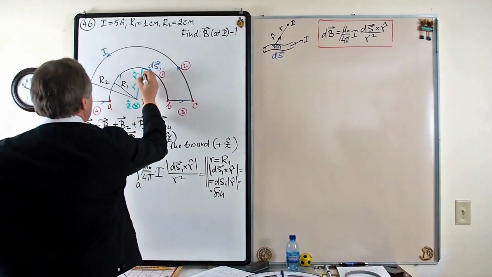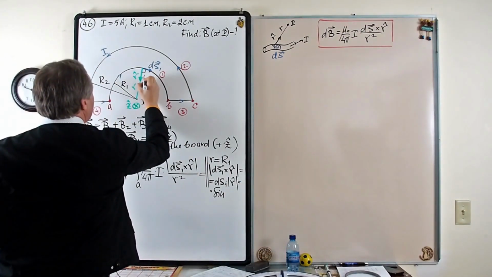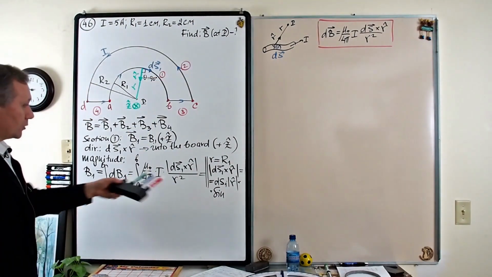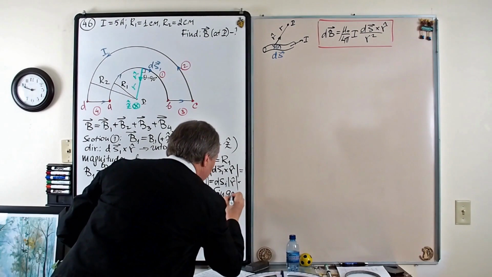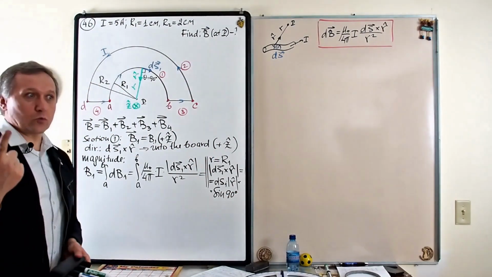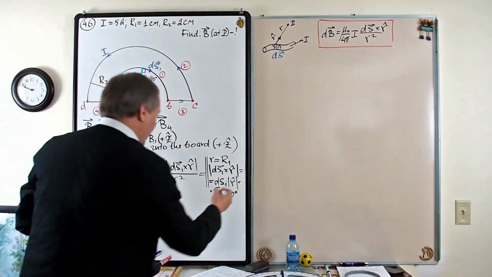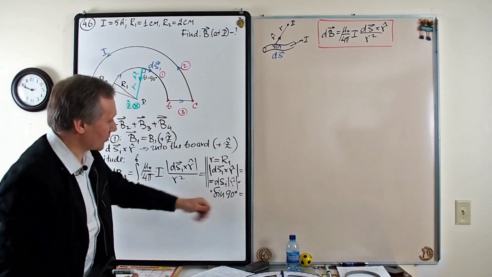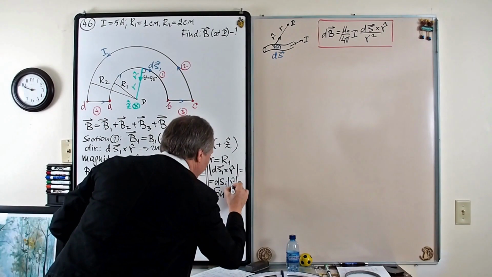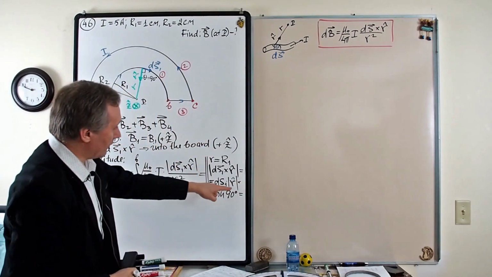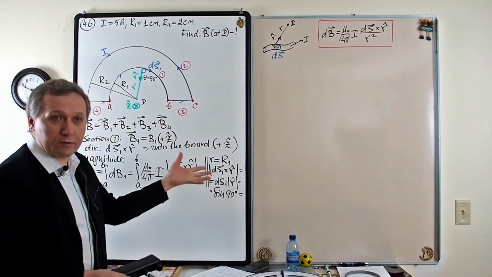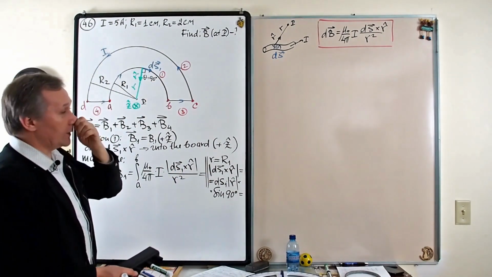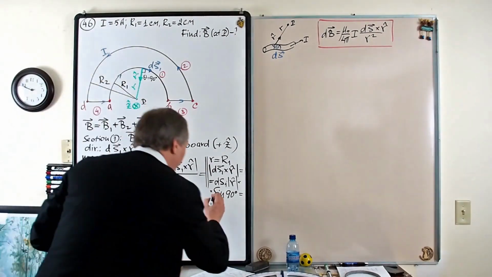So that is the angle which we need: theta equals 90 degrees. Sine of 90 degrees is just 1. So as a result, this is 1, this is 1, and we have just ds1 left, the absolute value of this infinitesimally small section of the wire.